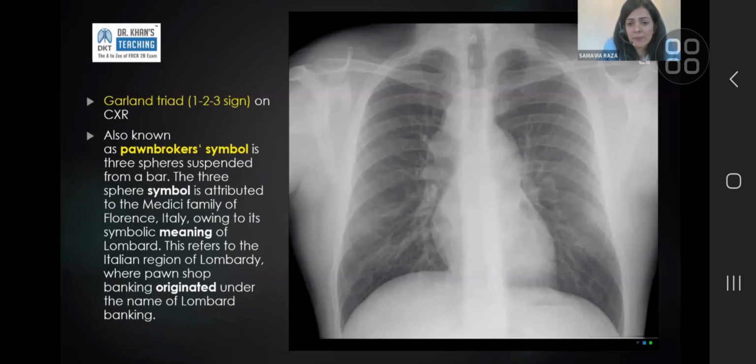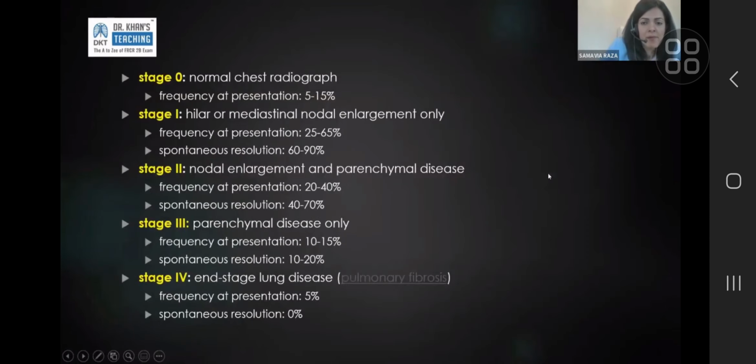So the 3 gold balls hanging on a lamp are actually symbols of the Medici family. The pawnbroker sign is a type of banking that the Medici family came up with in Florence, so that's why it's called that sign. So the pawnbroker is actually the Medici family, and the symbol is the 3 gold rounded opacities.